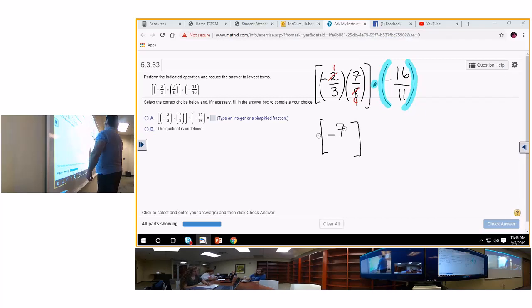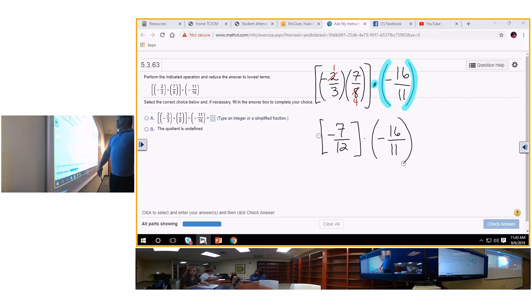And what's 3 times 4? Multiplied by negative 16 over 11. Now I want you to cancel. You know the answer is going to be positive or negative? Negative. No, positive. Negative times negative is a positive.